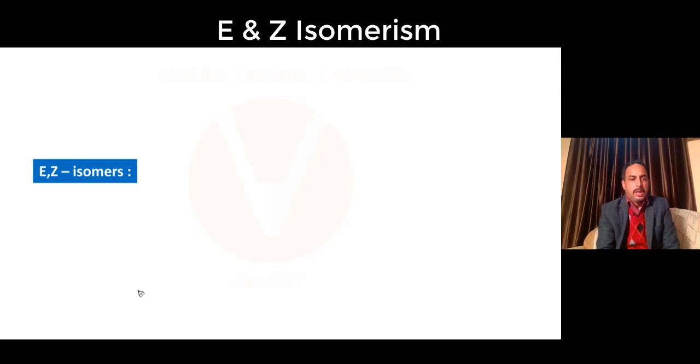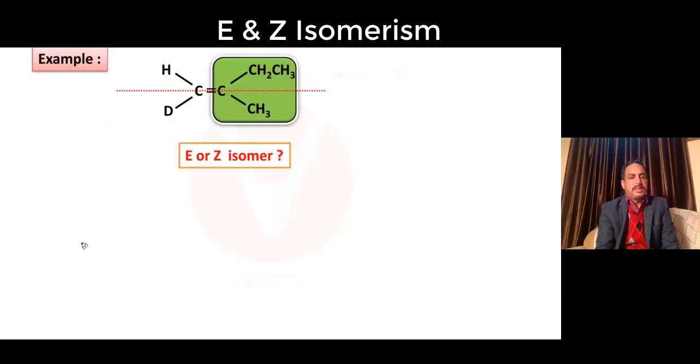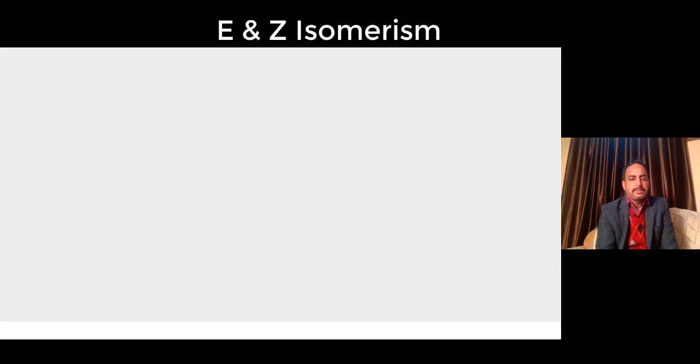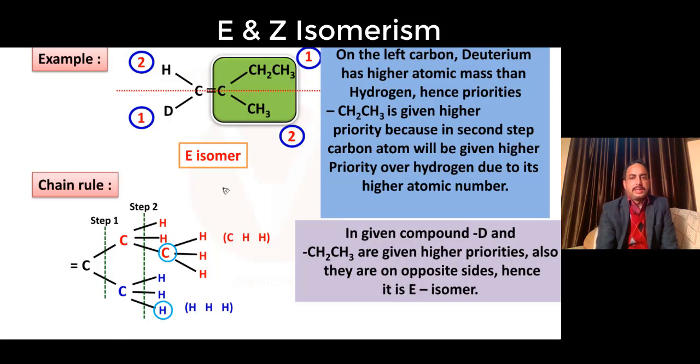Now, we will discuss examples of how to assign E or Z isomerism. Let us consider an example. In this example, there is restricted rotation about this carbon-carbon double bond. First of all, on the left side carbon, there is one deuterium and one hydrogen.